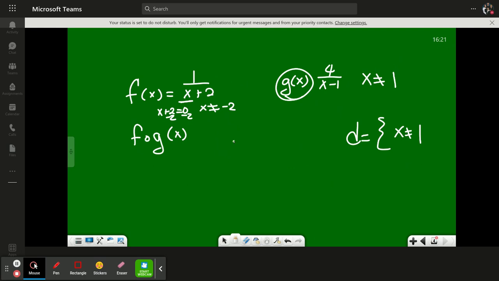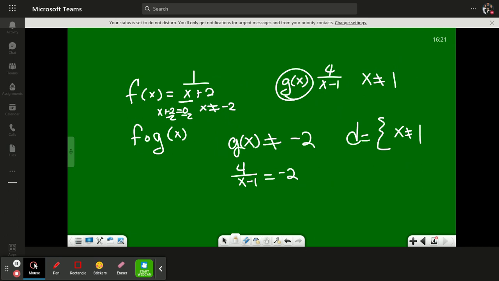G of x cannot equal negative 2, right? So that means that I need to do 4 over x minus 1 equals negative 2. Now we got to work that out and find out what number that's going to make, but do you understand why I did this right here?